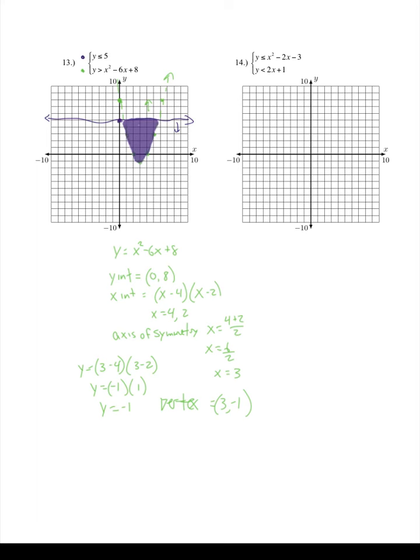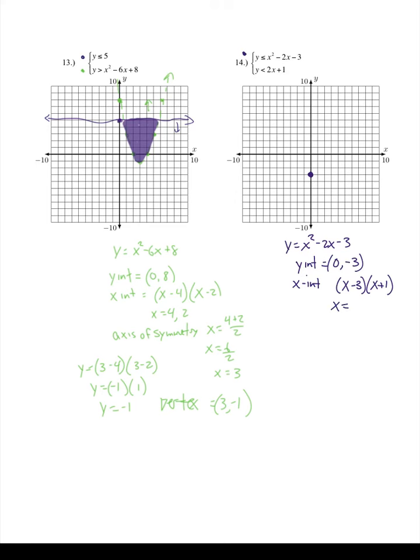For the next one, we've got another line, this time with a slope and another parabola. So we're going to do the same thing here. Start with our y-intercept, plug 0 in for x, we get 0, negative 3. For our x-intercepts we can factor x minus 3, x plus 1.